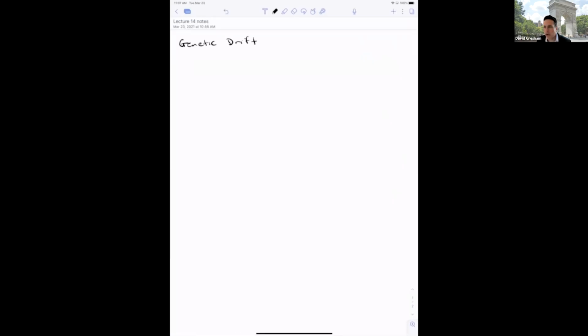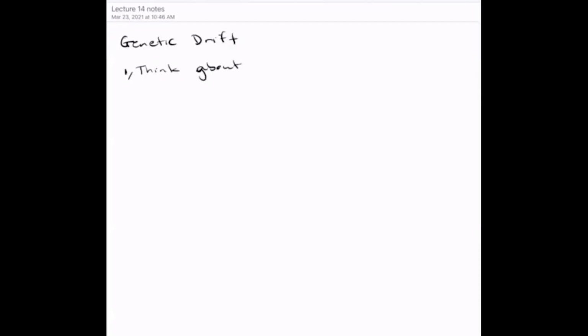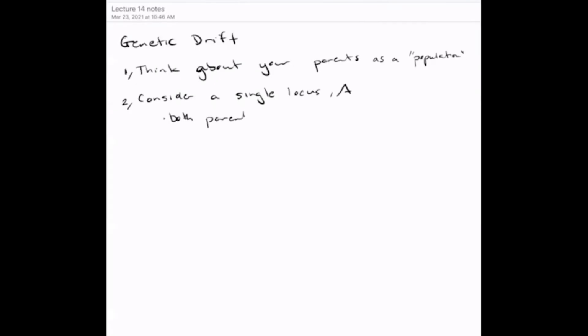And so one way to make things intuitive is always just to think about yourself, right? So let's think about your parents, the two people that comprise your parents. Let's think about them as a population. And that's our population. And let's consider a single locus, A, and both of your parents are heterozygotes.